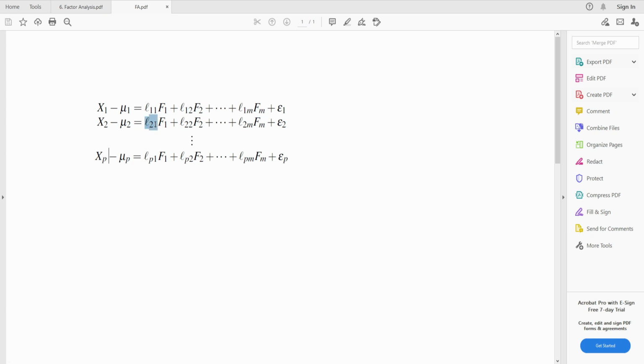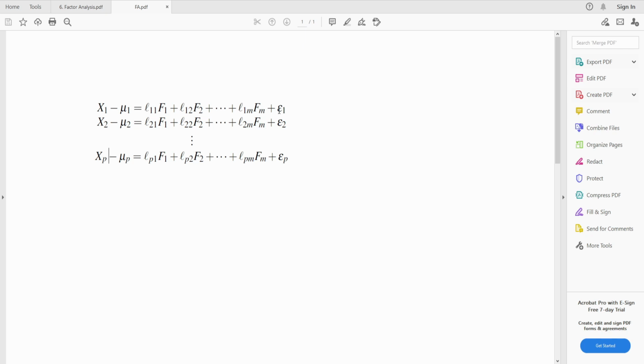So for example, l21 is the loading of the second variable on the first factor. That loading we can say is a weight in some sense: the weight of the second variable on our first factor. And this would be the loading of our second variable on our mth factor.